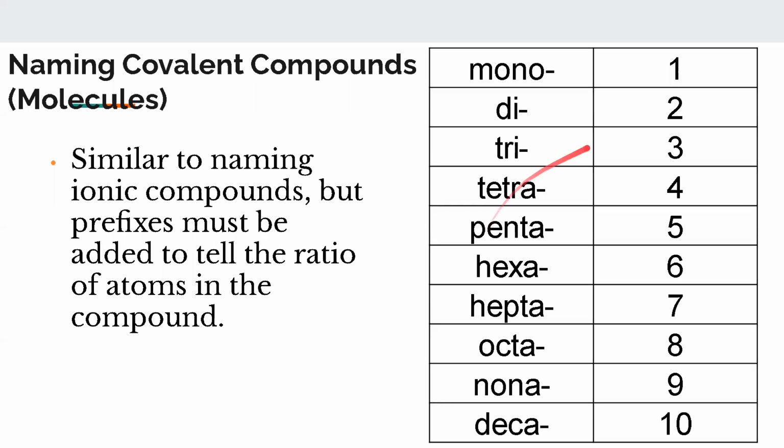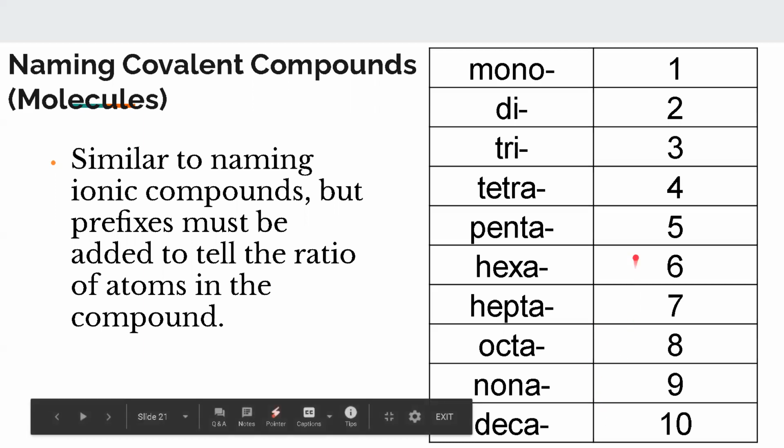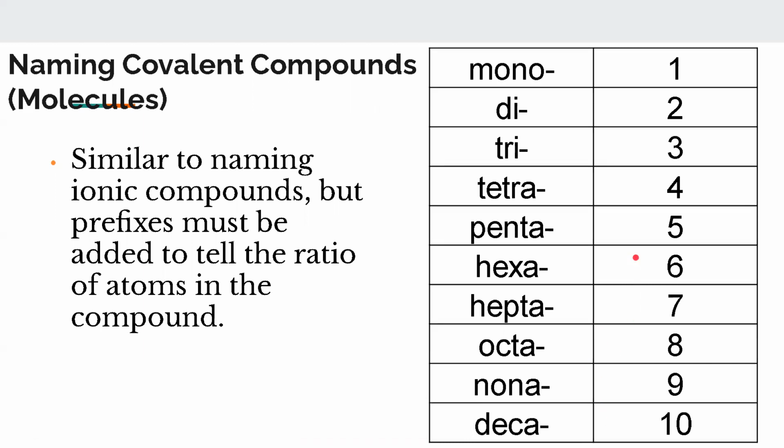You just take the prefix of it. So 1 would be mono, 2 would be di, 3 would be tri, 4 is tetra, then penta, hexa, hepta, octa, nona, deca. I have this chart here. I'll put it on Google Classroom for you guys if you need it. But you guys would probably get it.